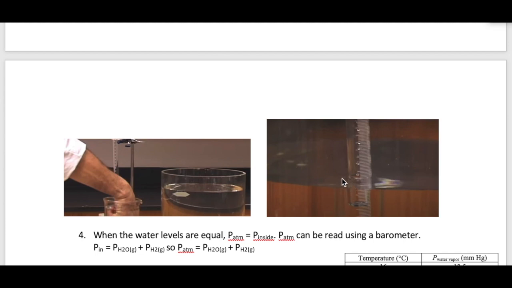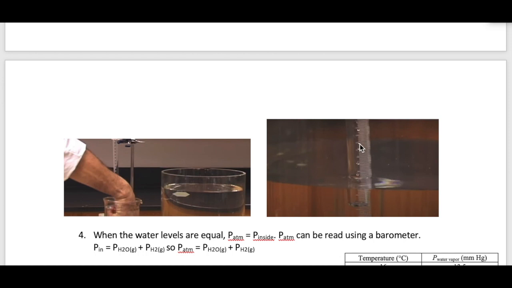My goal here is to equilibrate the pressure of the gas inside the eudiometer to the gas outside of the eudiometer, in other words the atmospheric pressure. And the way I can do that is by making the level of the liquid inside the eudiometer the same as the level of the liquid outside. You may be able to see in this picture right now that the level of the water in the eudiometer is lower than the level outside.